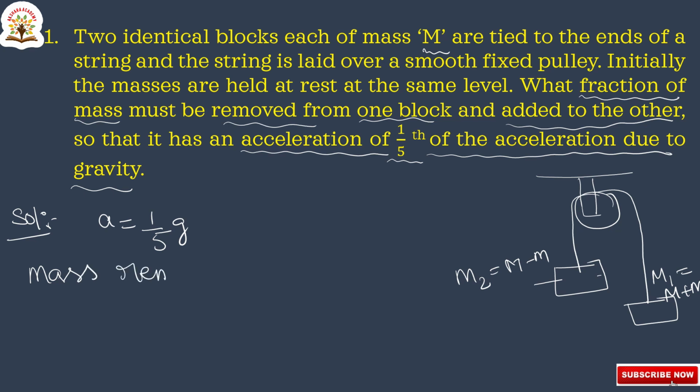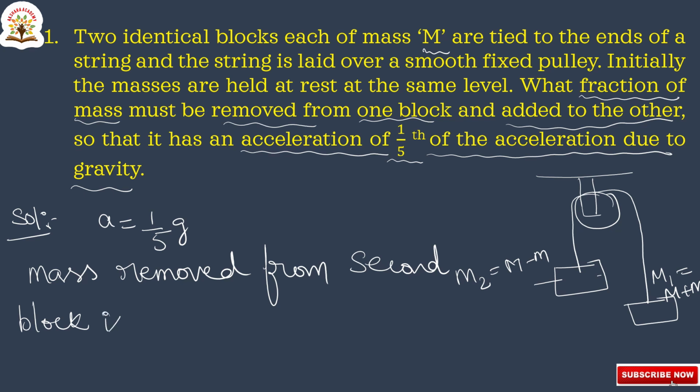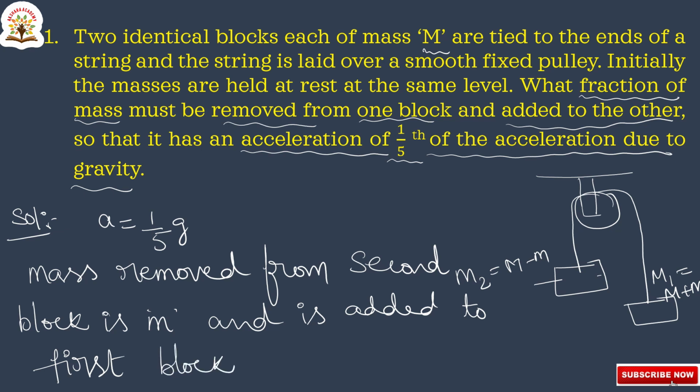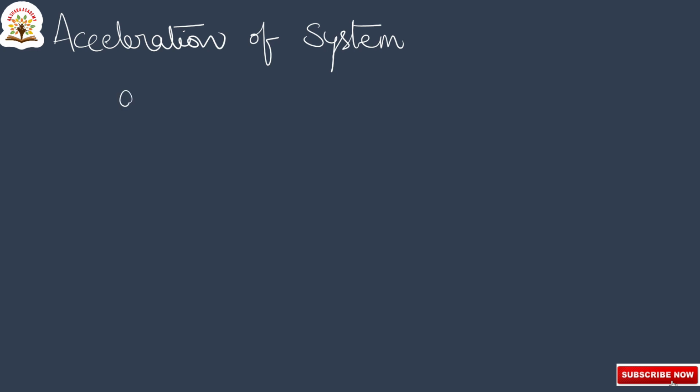So the acceleration of the system, A is equal to (m1 minus m2) by (m1 plus m2) of g.